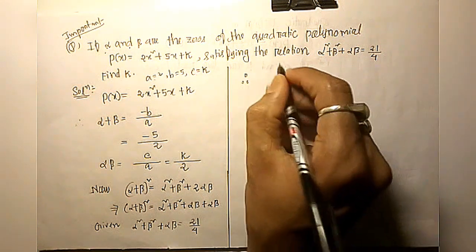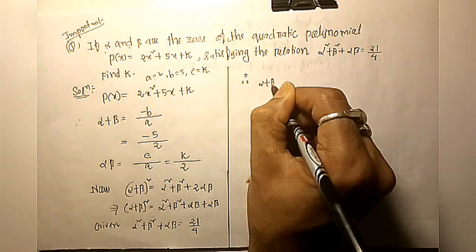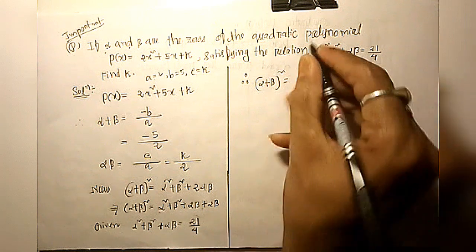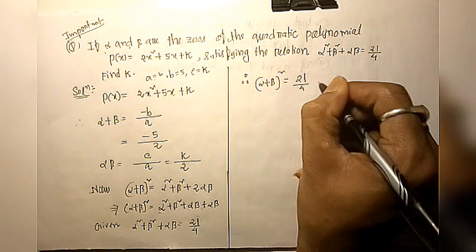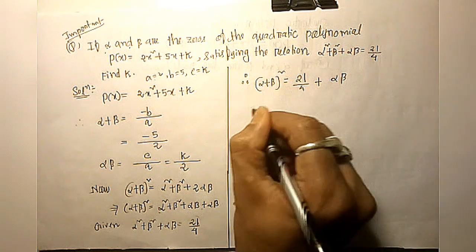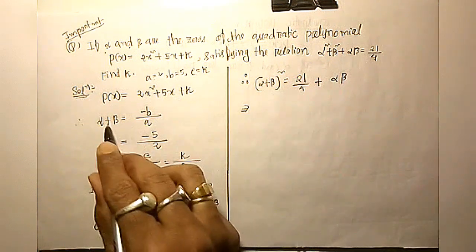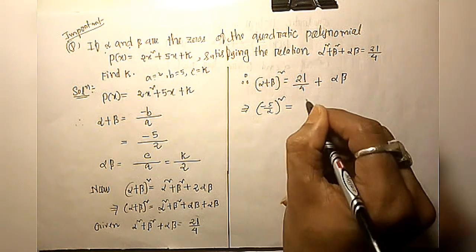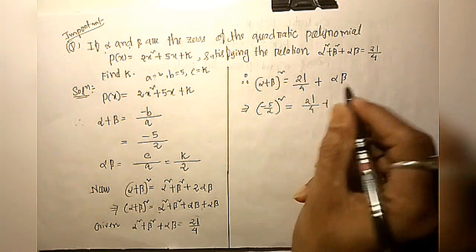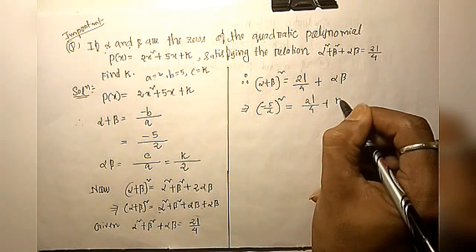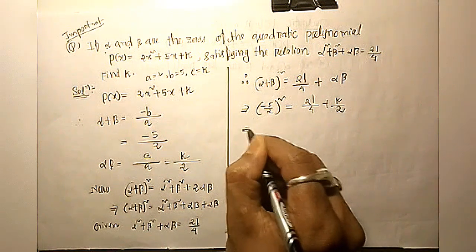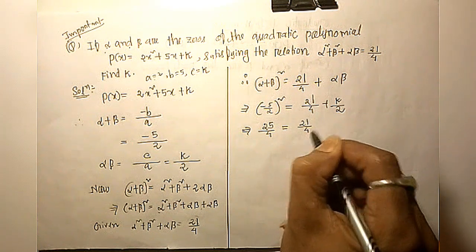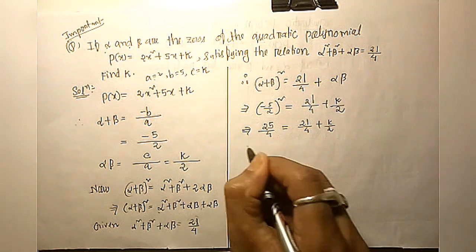Therefore alpha plus beta whole square is equal to 21/4 plus alpha beta. Alpha plus beta means minus b by a, which is minus 5 by 2 whole square, equals 21/4 plus alpha beta, which is k by 2. So it's 25/4 equals 21/4 plus k by 2.